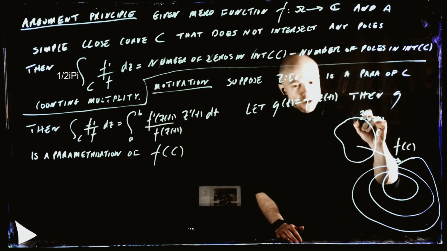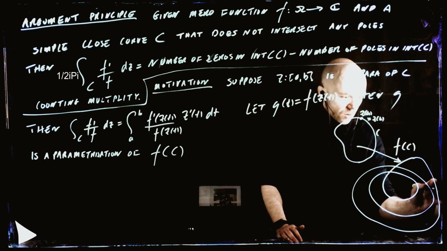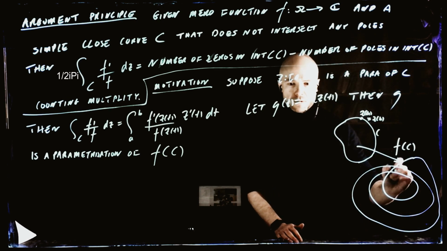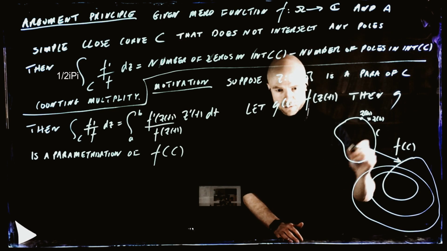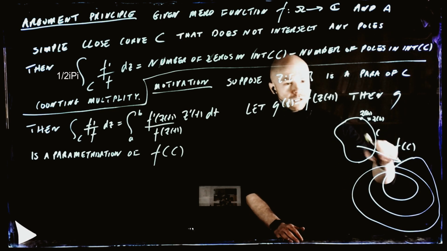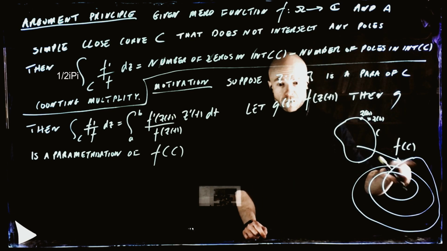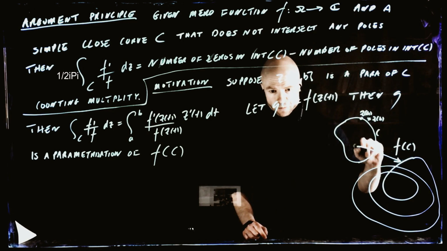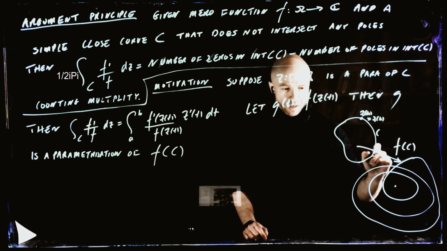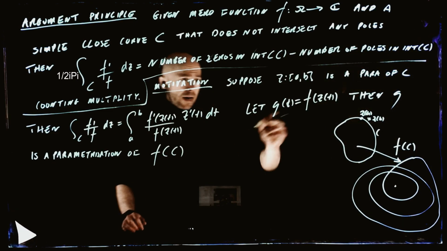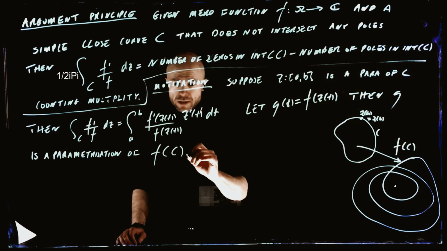But as we go from A to B, now we are wrapping around like this with our new parameterization, which is wrapping around the image, yeah? So potentially as we go from A to B, we're actually doing many loops around zero. Potentially, yeah? If zero's somewhere here, or here, yeah? So this guy is a parameterization of this, yeah?